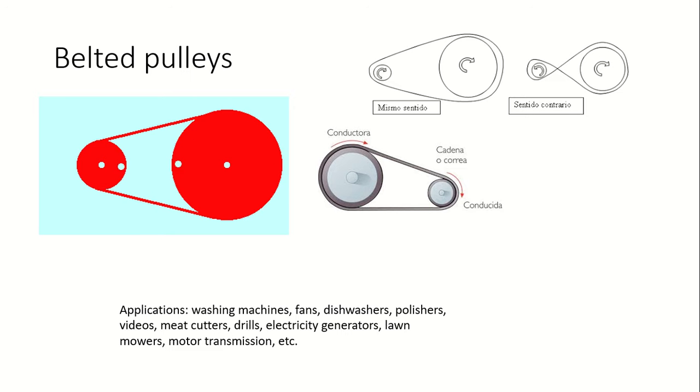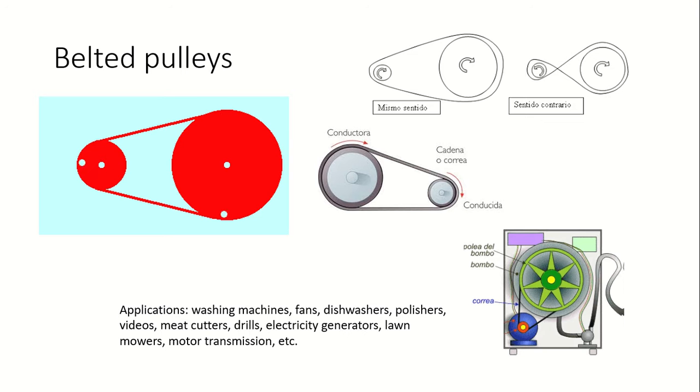Applications, well: washing machines, fans, dishwashers, polishers, blenders, meat cutters, drills, electricity generators, lawn mowers, motor transmissions. Okay. Here's an example of a washing machine.